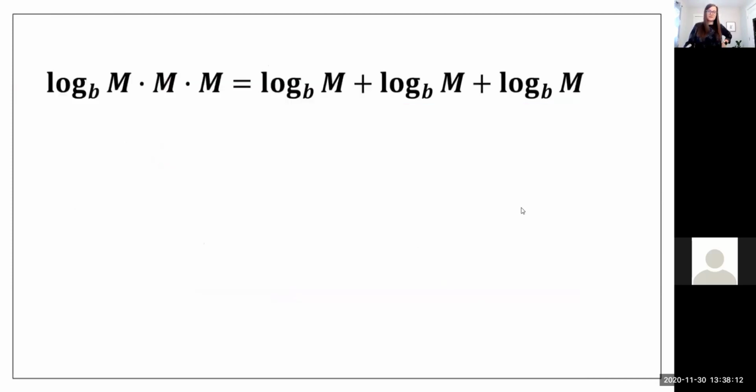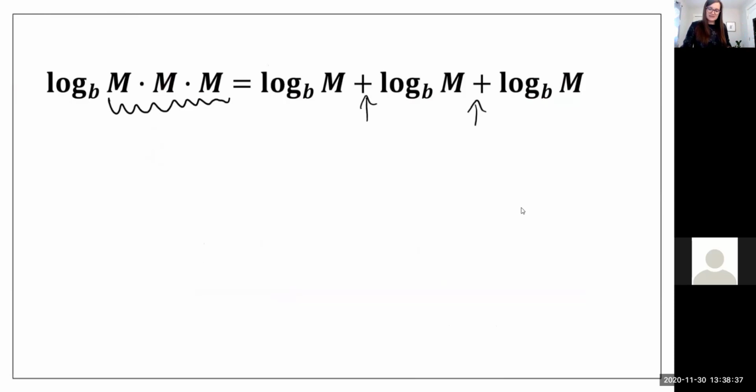One would happen if you started having more things multiplied together. I'm just going to reuse that product rule, and the more things are just going to become more of those pluses. So you could have 5 of them, and then you'd have 5 of the same thing written out, added together. That's coming from the product rule, but we just do it again and again.